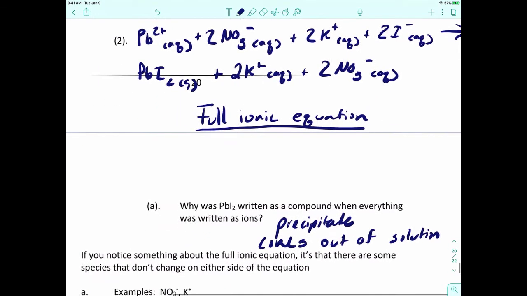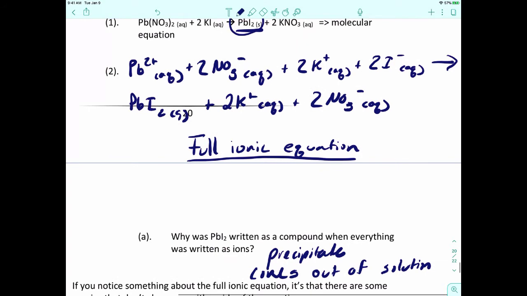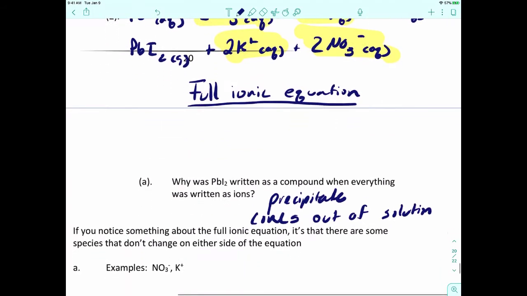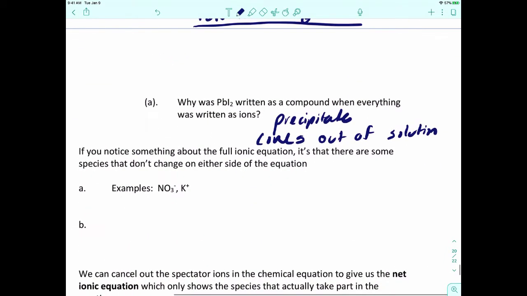All right. Now, if you notice something about this full ionic equation, there are ions that show up on the left-hand side and the right-hand side. Let me highlight those for you. For instance, potassium ion shows up on the left and the right-hand sides of the equation. Nitrate ion shows up on the left and the right-hand sides of the equation. When we have ions that show up on both sides of the chemical equation and they're not really being used to form a product, we give a special name to those.